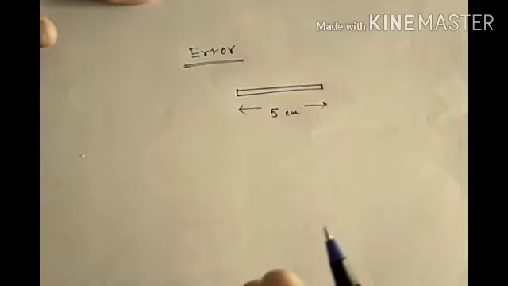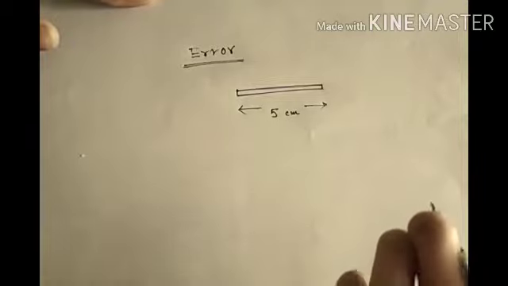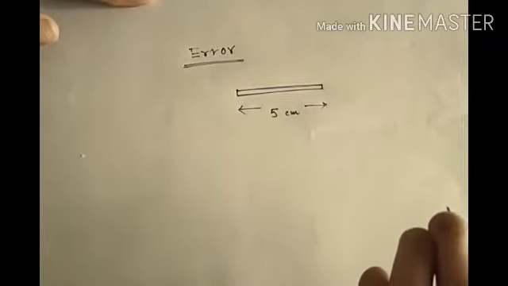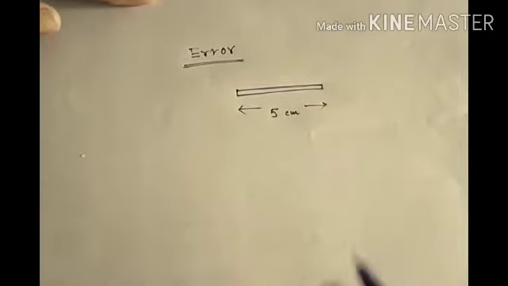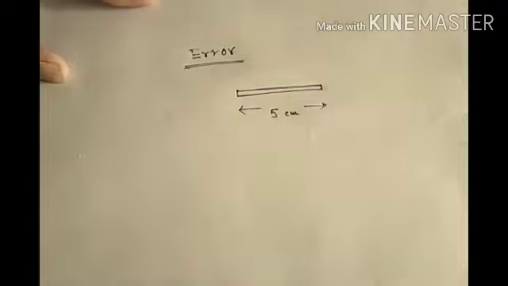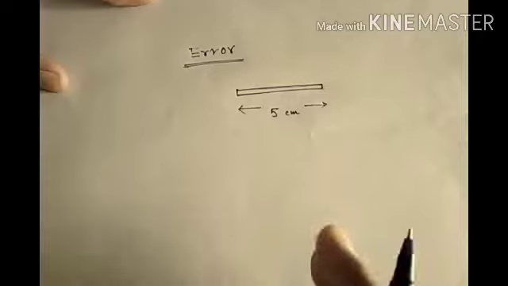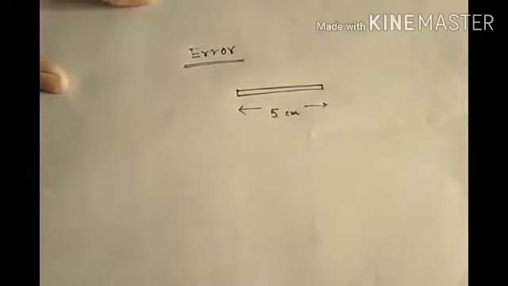And I have assigned the work to you, telling you to please give me the length of this pen. Then what will you do? You will take a scale or some other measuring device, measure the length of this object, and give me the answer. Now, do you think if you measure the length of this pen 50 times or 100 times, every time you will end up getting 5 centimeter?